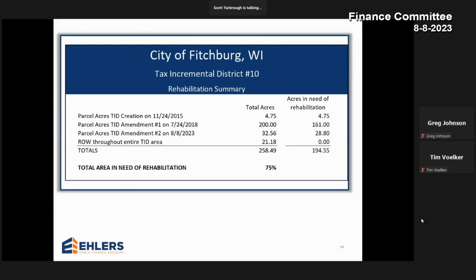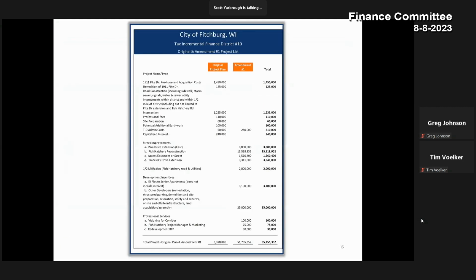Since this is an existing district, we're required to make a finding for the district as a whole to make sure that we're over that 50% threshold. So we look at all the acreage within the district, what was included in the original creation, the first amendment back in 2018, this proposed amendment number 2, and then all of the right-of-way within the district. 75% of the area within the district meets the rehabilitation criteria, so we're over that legal threshold.